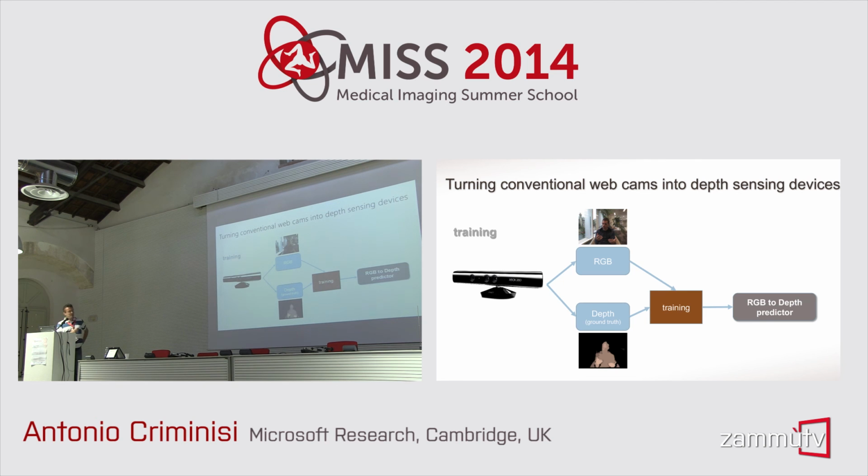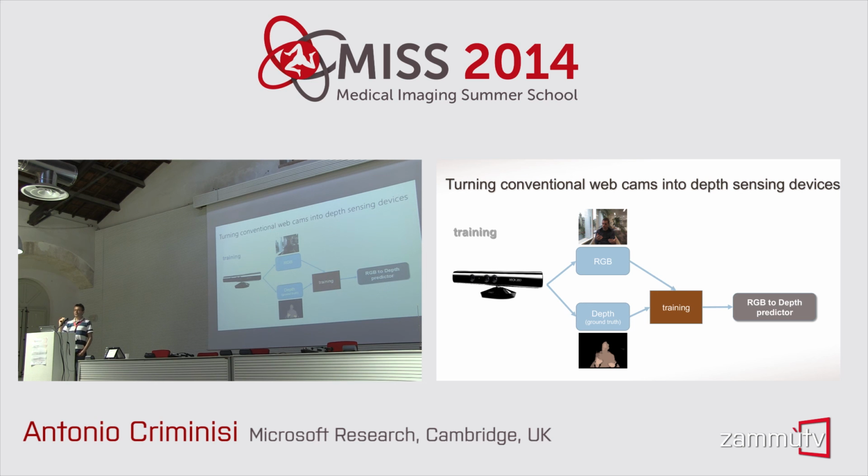So what we did was we took a standard Xbox Kinect, which comes with a standard RGB color camera as well as a depth camera, and the two are roughly registered and aligned together, or they can be made that way.